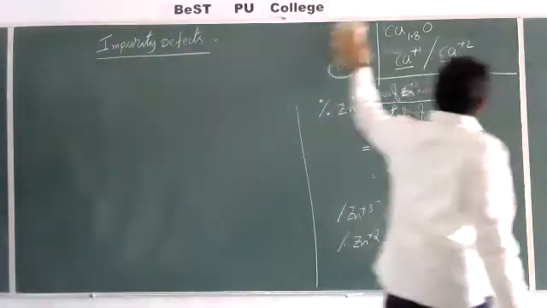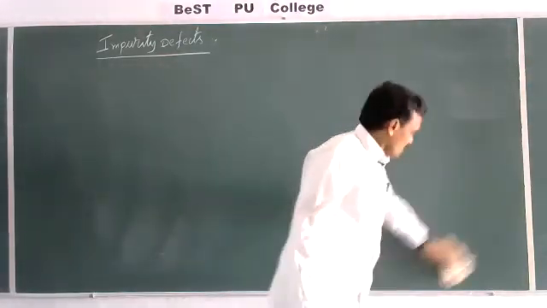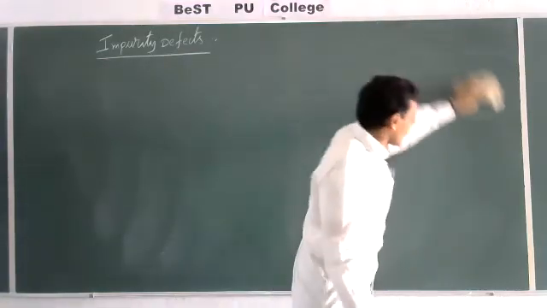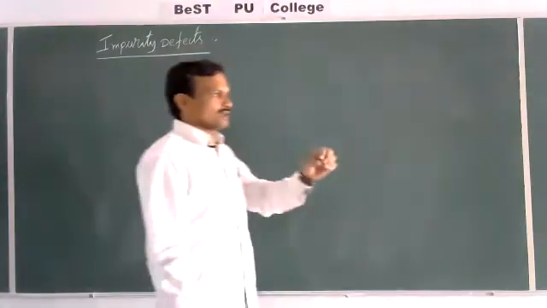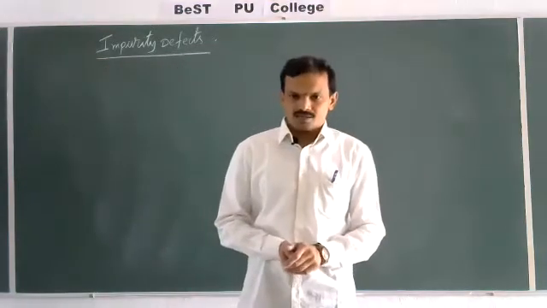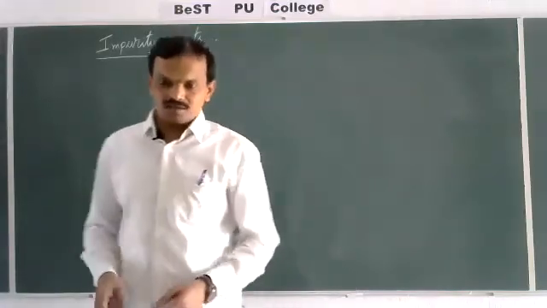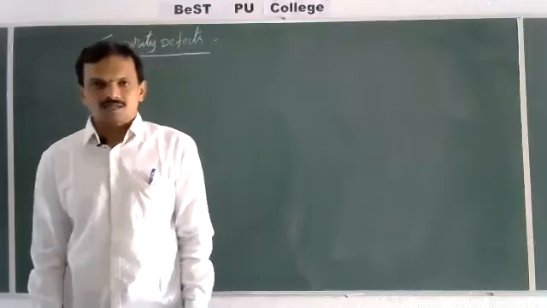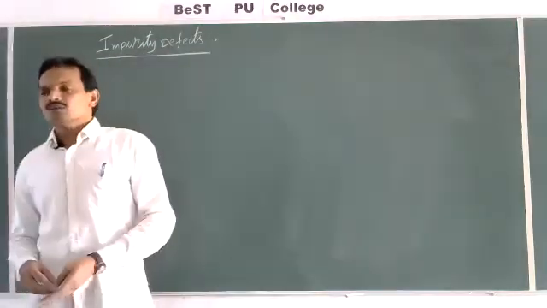So what are these impurity defects? Under what conditions do these impurity defects arise? Say, when a crystal is allowed to crystallize from its solution in the presence of another crystal, in such cases we can get this type of impurity defects.